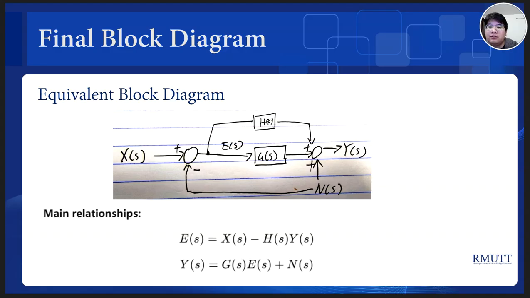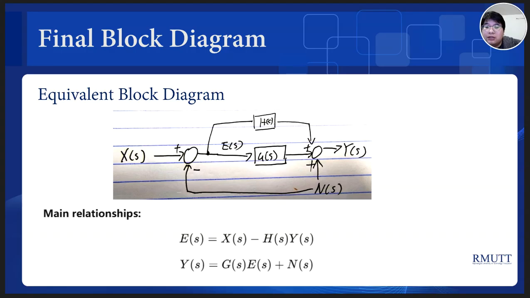This slide shows the final equivalent block diagram. From the diagram, we can clearly see that the system has one forward path, one feedback path, and one disturbance input.